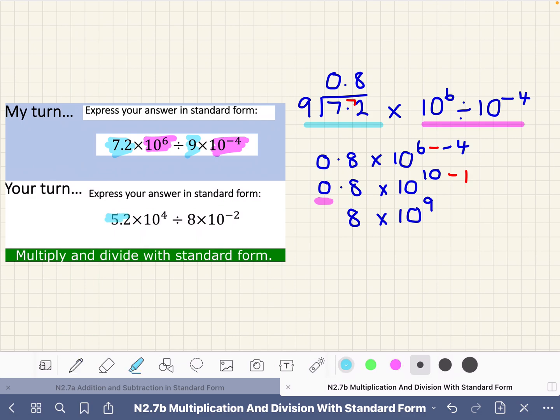Separating these values out, we have 5.2, which we are dividing by 8. I'll pop that into a bus stop to make it easier. We are multiplying that by the value for 10 to the power of 4 divided by 10 to the power of minus 2.